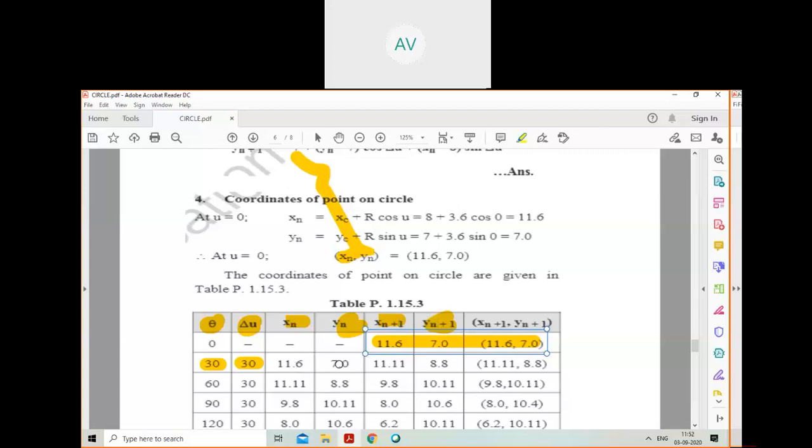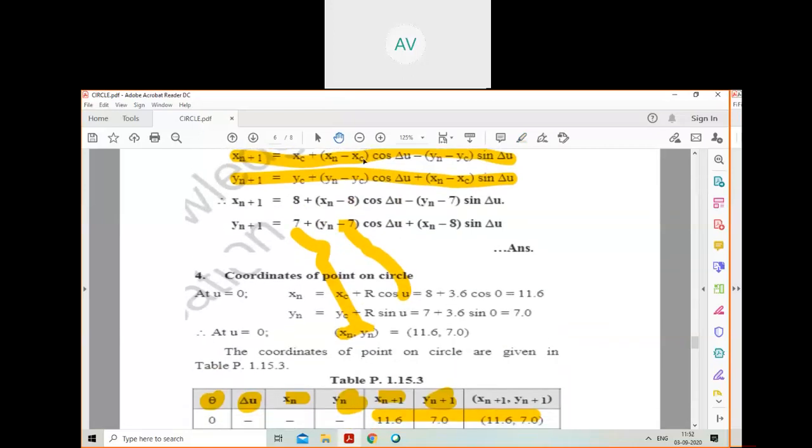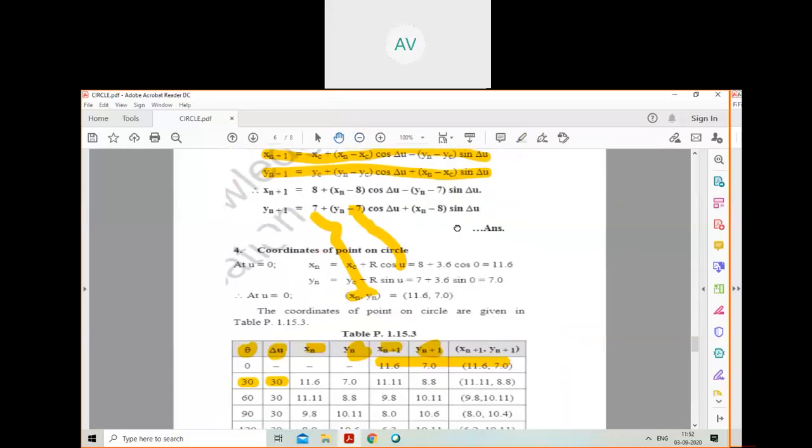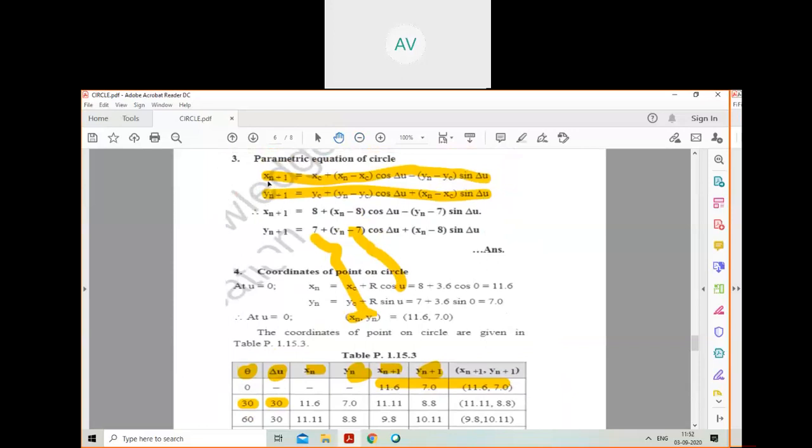So this will be the xn and this will be the yn for the next point. See here, xn plus 1: this xn is the preceding point, the earlier point.